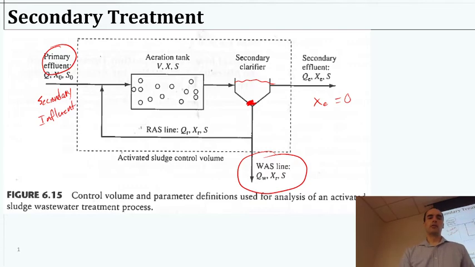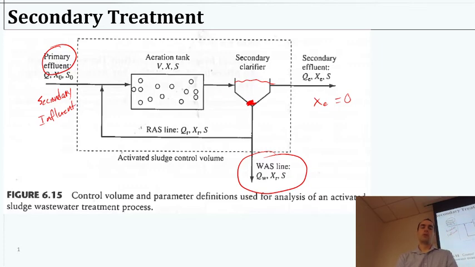Okay, and you'll notice this drawing also has a control volume, the dashed line, outside of the clarifier and outside of that recycle line. So the hydraulic retention time in this control volume is what we're going to care about. One more assumption here, that since we're not feeding oxygen to the clarifier, we assume that there's not really much bacterial digestion occurring in there.